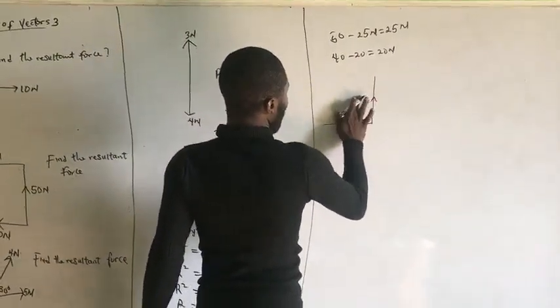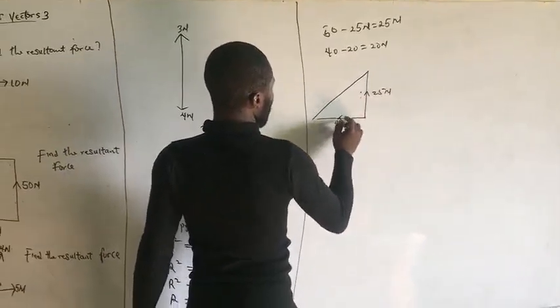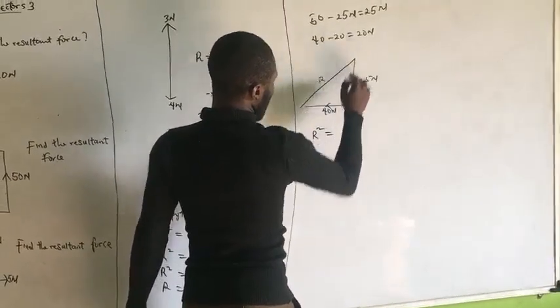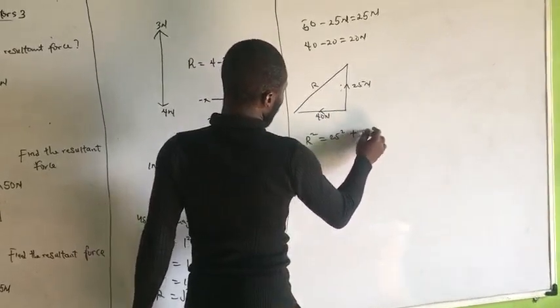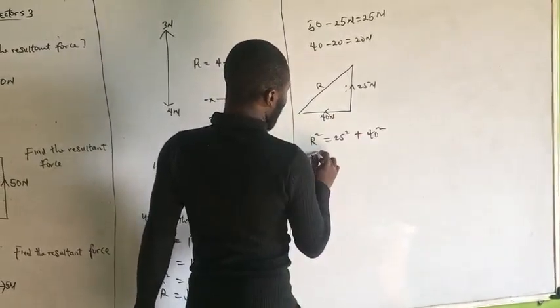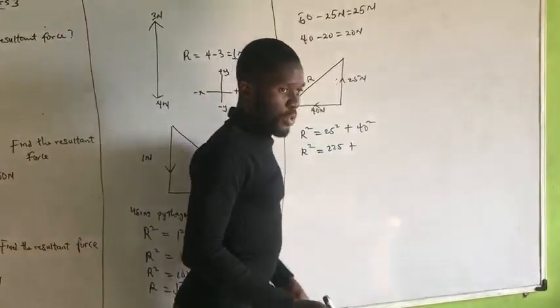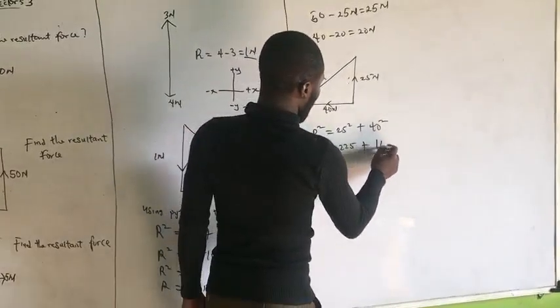So we can bring this one here, so that we can find the resultant using Pythagoras. r square, hypotenuse square, equals 25 square, opposite square, plus adjacent square, 40 square. r square is what? 25 times 25, 625, plus 40 square, that is 1,600.